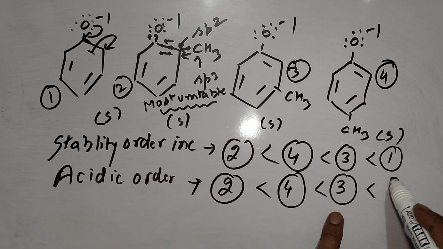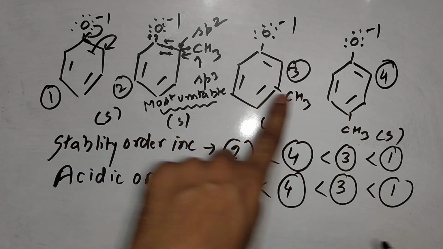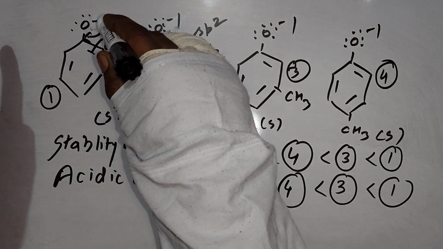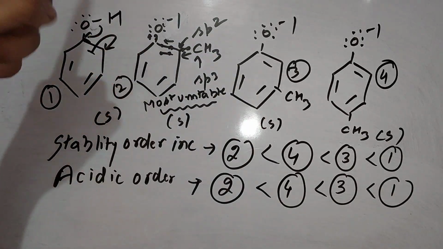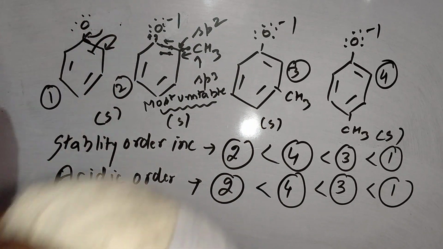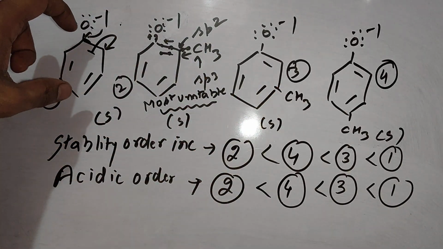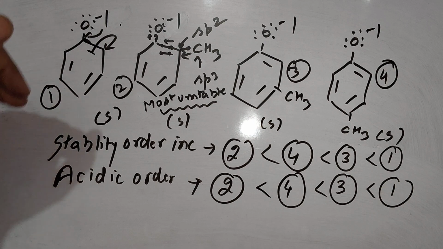And normal phenol will be most acidic among these four because normal phenol knows that after release of H positive, I will get an anion which is most stable among these four. So obviously it will be ready to release H positive very easily.